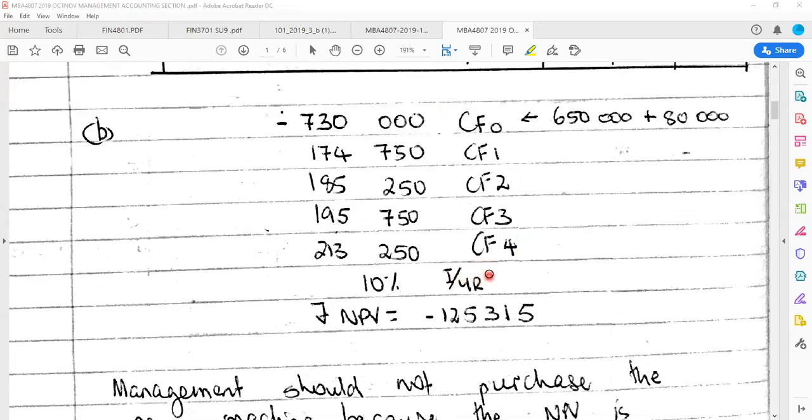So that's very important. Please note, a word of advice: let's say you had been asked to calculate the payback. What you would do to determine when the initial investment of the company is actually recouped, you would say 174,750 plus 185,250, and then you would get 360,000.